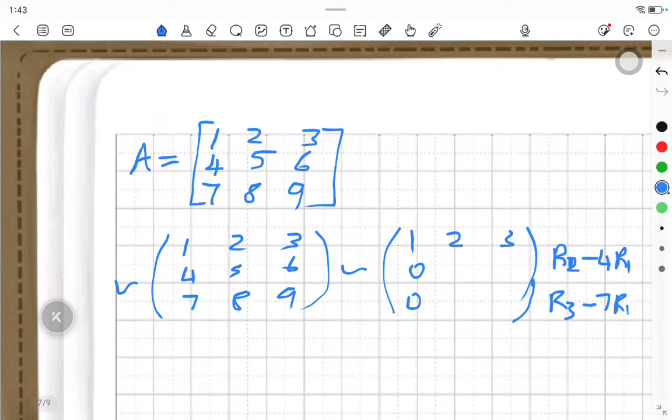Can someone use a calculator to check this? I don't have a calculator with me here. Let me use a normal calculator, the one on the internet, to see what we get. Minus 3. You get what?